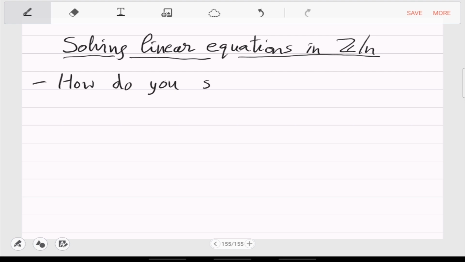So how do you solve Ax equal to B mod n? Right, so as is traditional, we'll assume x to be the unknown. Everything is given, a, b, and n are given numbers. And you are interested in finding this x. So it's a linear system over constants from z/n, so modern arithmetic. How do you solve this?